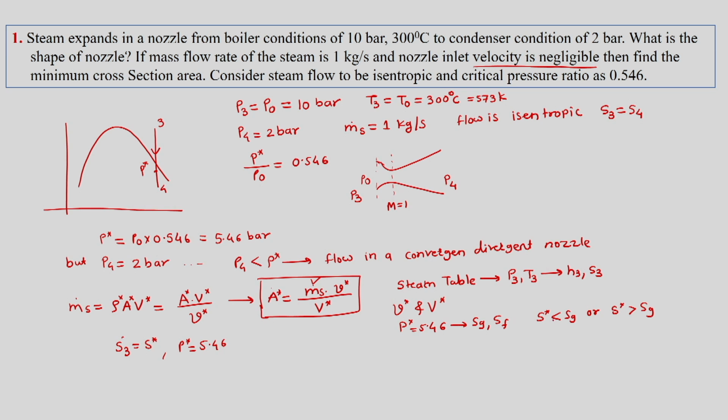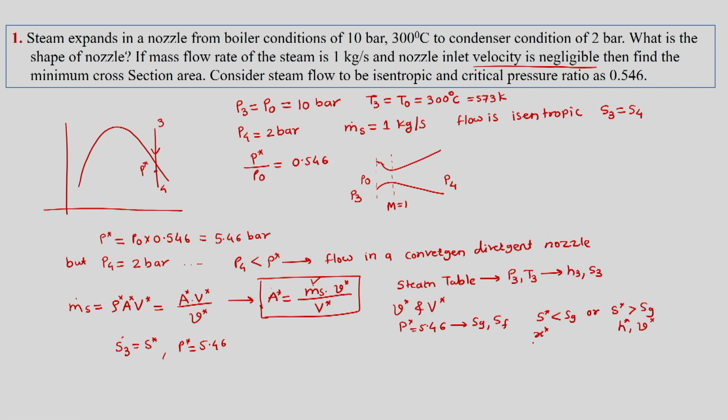If S star is more than SG, then we can directly get enthalpy star and specific volume. Otherwise, in the case where S star is less than SG, we will first find out X star.